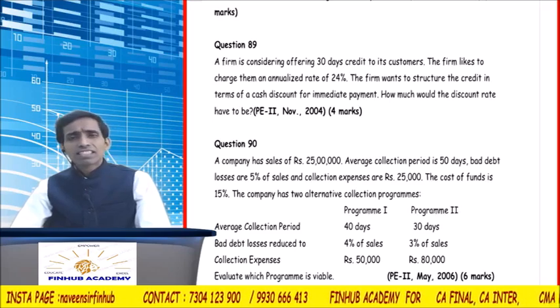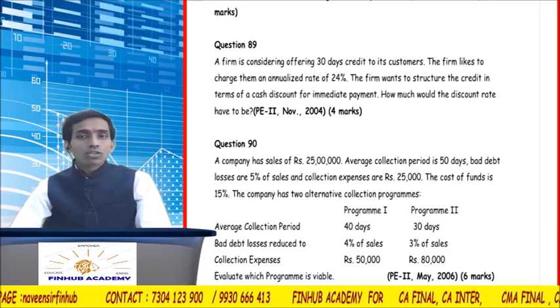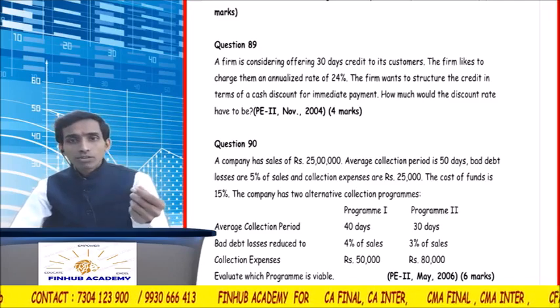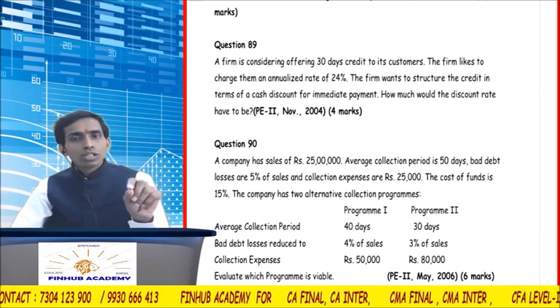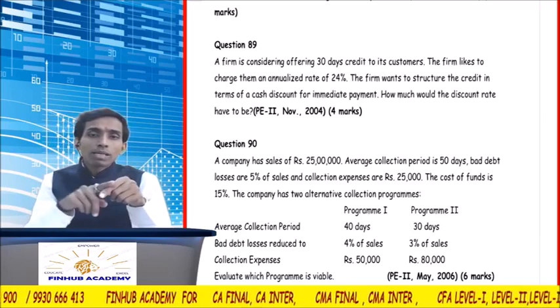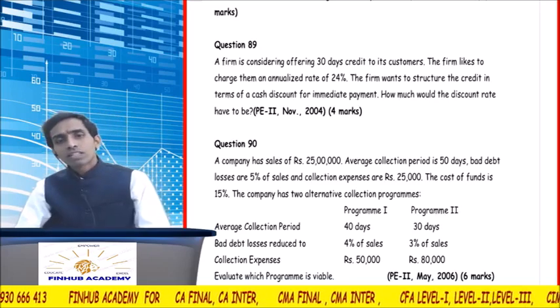What he said is what a layman, who doesn't have basic knowledge of finance, will say: 2% annualized. So for 30 days it comes to 2%. So I will charge you 2% for 30 days, or if you pay me early, I will give you 2% cash discount. Correct. Anything else?